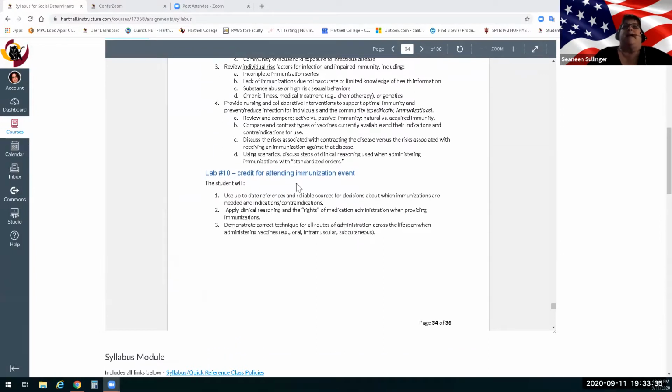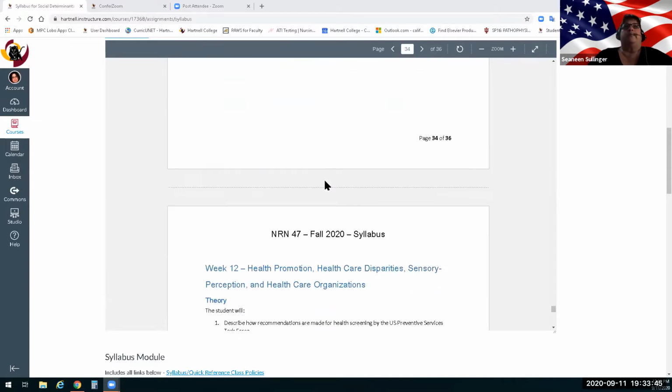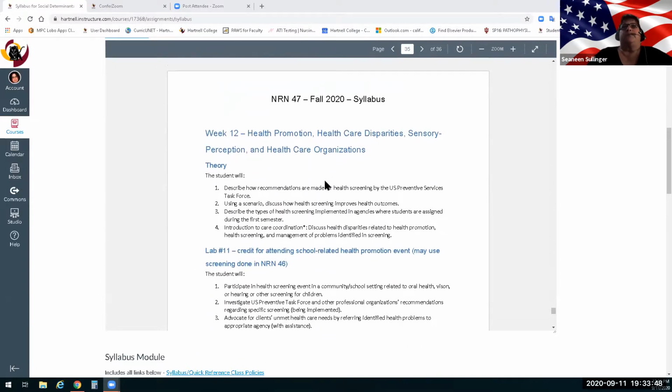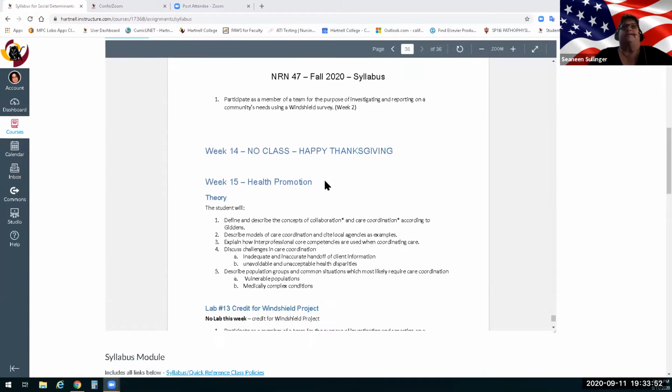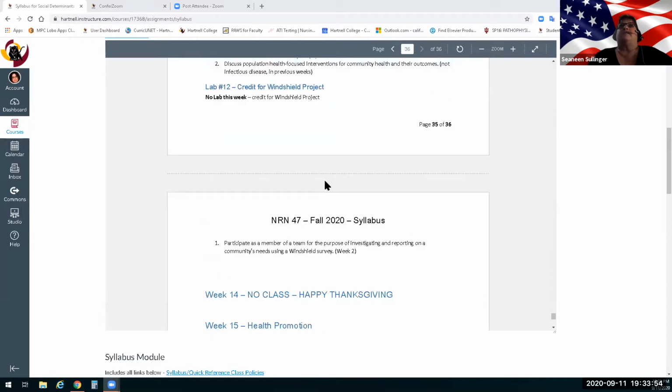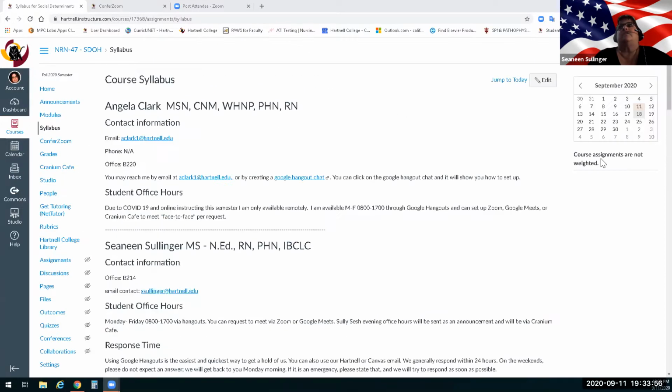Lab 10 is for when you attend your COVID screening or immunization event, so that's definitely more than 3 hours. I think that's 4 hours, so that will help there. Really, we're pretty much done with lab after lecture, except for maybe week 8 or 9, somewhere in there.